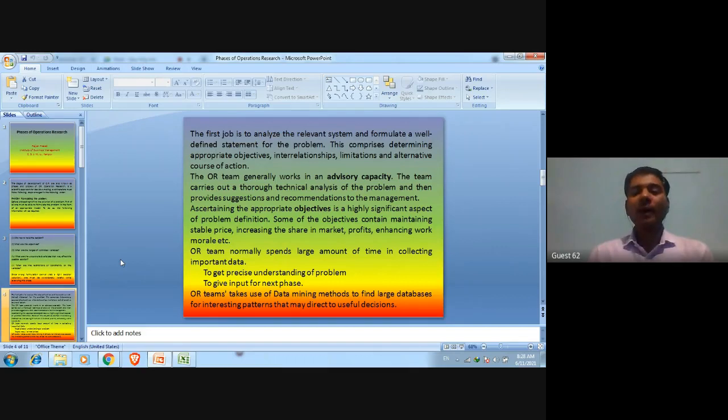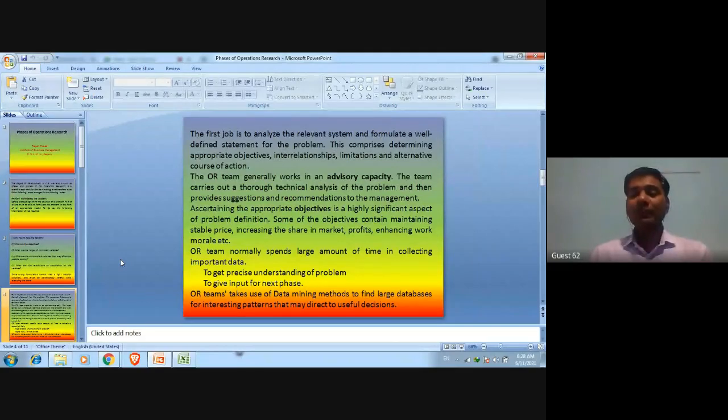Actually, the OR specialists don't work only as decision makers. They cannot make decisions alone. They make decisions in a team, because OR is a systems approach which is related with different divisions of the organization.